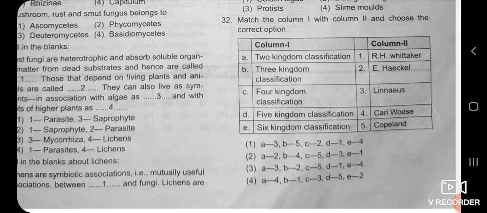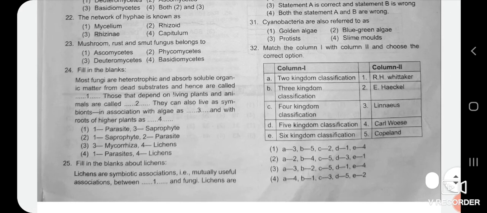If we revise it a number of times, then these MCQs are very easy for you. All the questions we discussed today are from the NCERT book. There is no complication in these MCQs. You have to read the NCERT book a number of times.